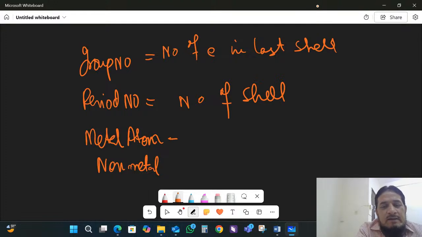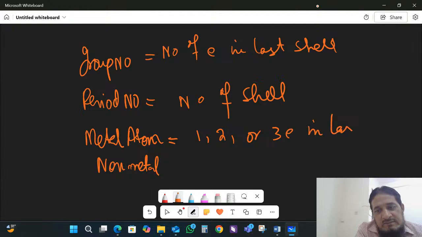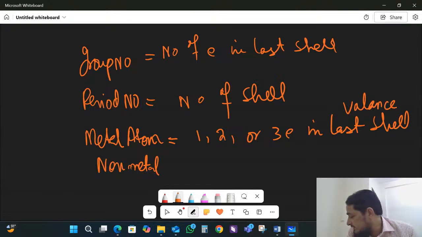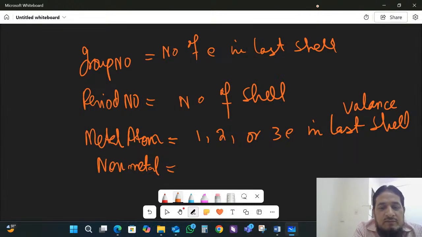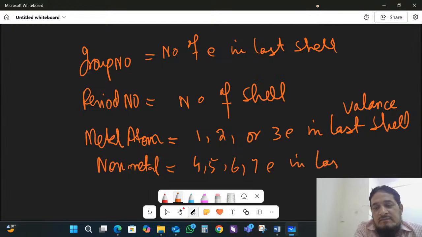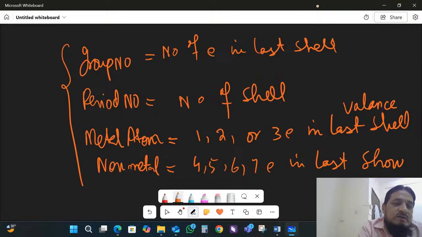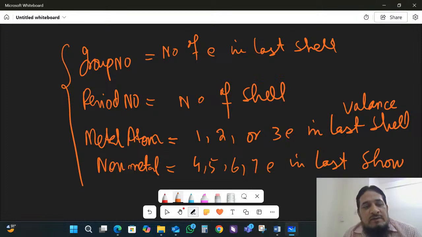In our syllabus, if any atom has 1, 2, or 3 electrons in the last shell, in the valence shell, it is a metal. The last shell is also known as the valence shell because the valency of the atom is decided by it. For non-metals, there are 4, 5, 6, or 7 electrons in the last shell. If you keep this information in mind, it will help you a lot.